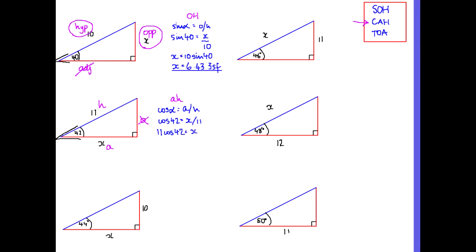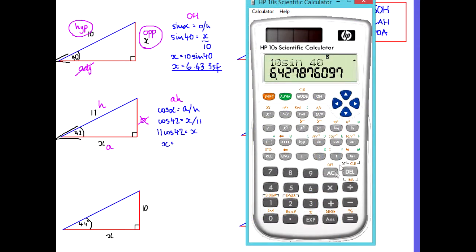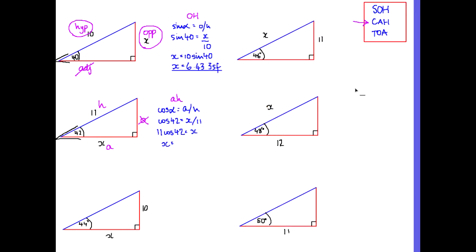And x is going to be equal to, calculator time, 11 times cos 42, and equals 8.17 to 3 sig fig. So that's our answer, 8.17 to 3 sig fig.